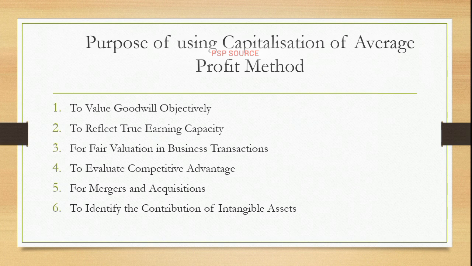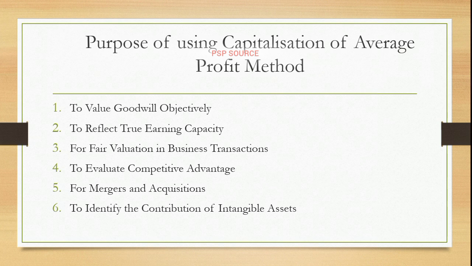Second one, to reflect true earning capacity, which means we can assess whether our earning capacity is based on tangible or intangible assets. Say for example, I'm earning a profit of rupees 1 lakh for its reputation. Then it means our earning capacity is more linked with intangible assets, not with tangible assets.